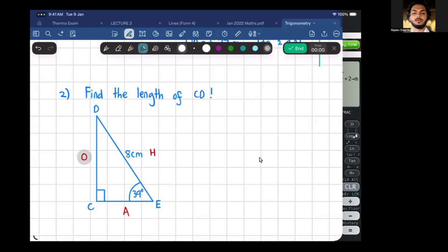And what does that correspond to? The hypotenuse. So we're going to select that one. Whichever ratio you select, it must have O and H in it. Which one has O and H in it?